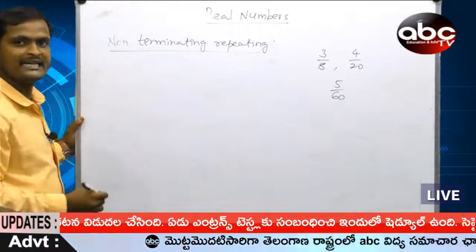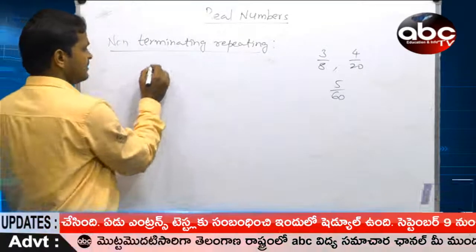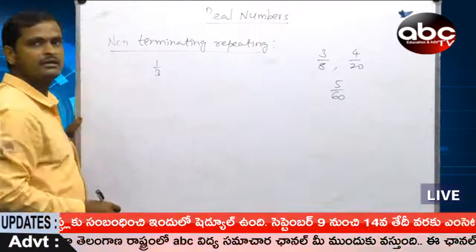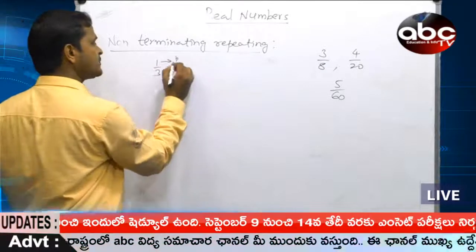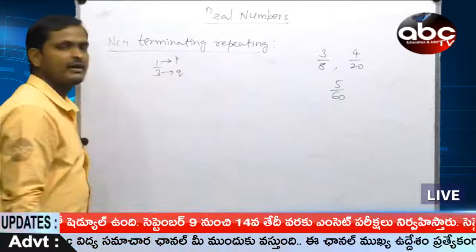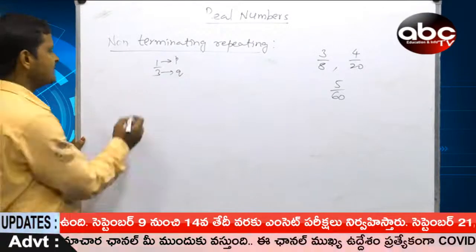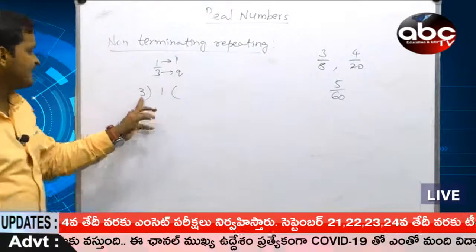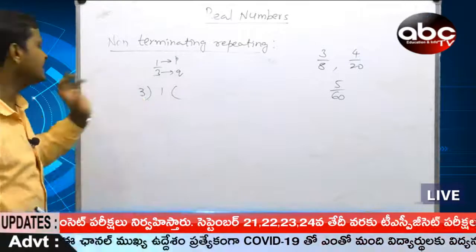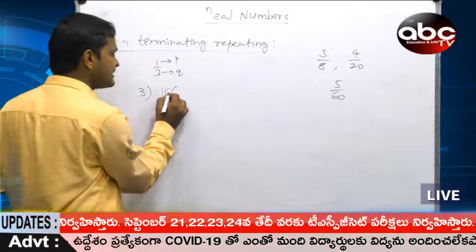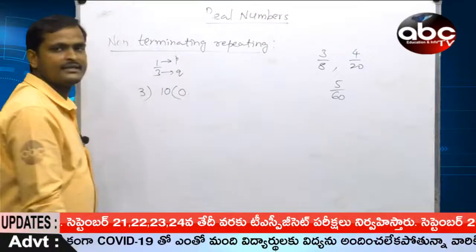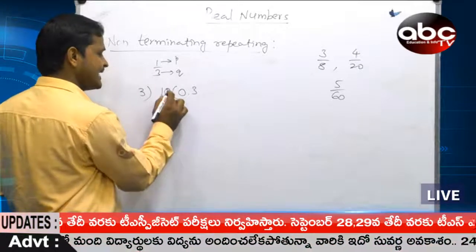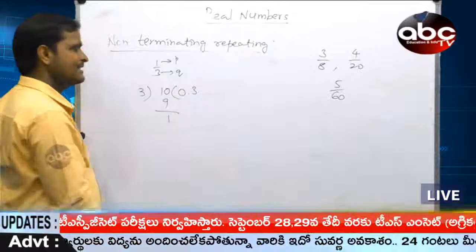Okay, let's see one example. 1 by 3. Okay, 1 indicates P, 3 indicates Q. 1 by 3 is nothing but 1 divided by 3. Here also the same: see here, the divisor is greater than the dividend. Then you can write here 0, 0 point. Okay, 3 3s are 9, 10 minus 9 is 1, same.